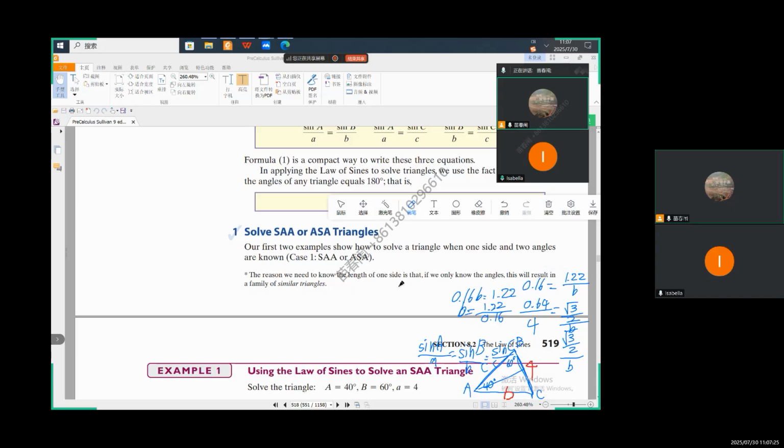Okay, it's around 7.65. And then C is whatever it is, I guess. Oh wait, C would be 180 minus 60 degrees minus 40 degrees, so it would be 80 degrees.